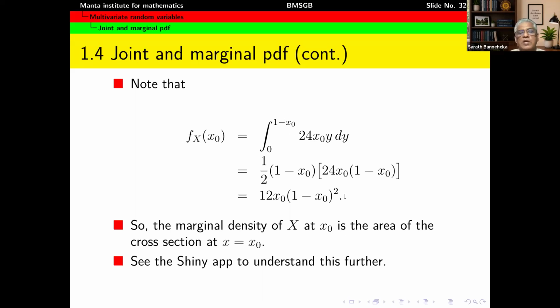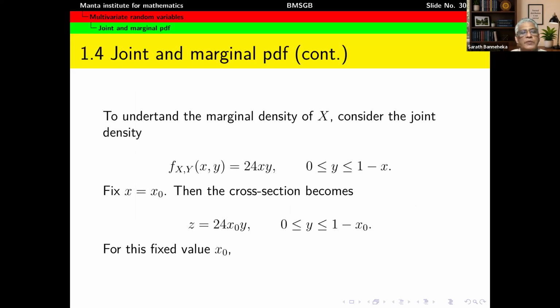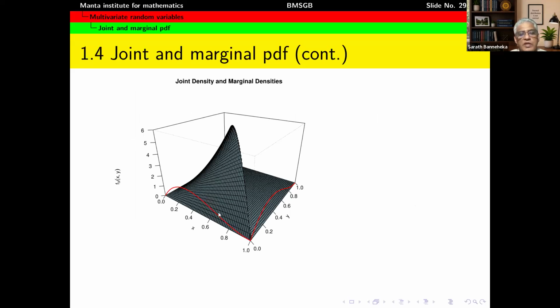Finally, this will be 12 times x times (1 minus x) squared. You can see that's not only quadratic, it's actually a cubic function. That was the function that I showed you here. So this is that function in that range. It looks like this curve here.